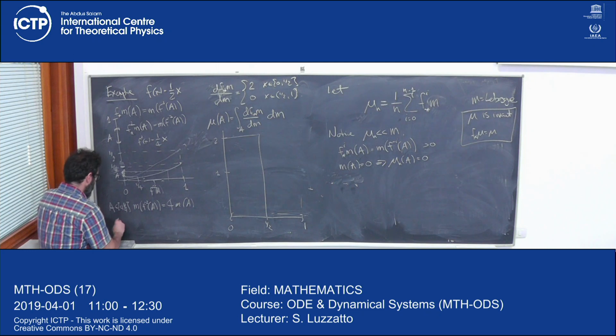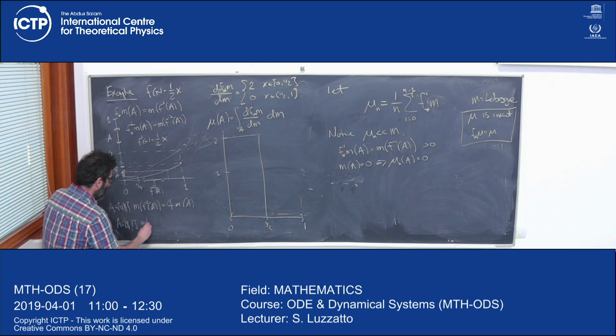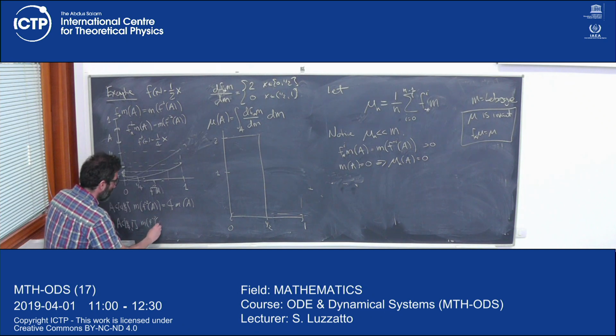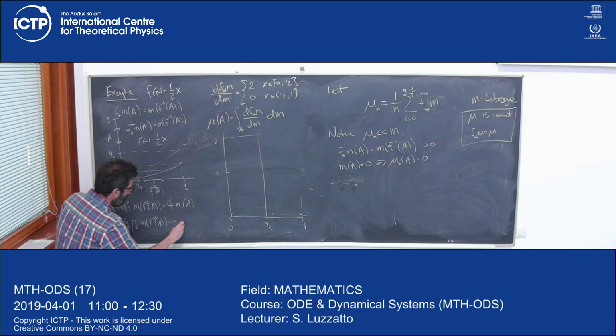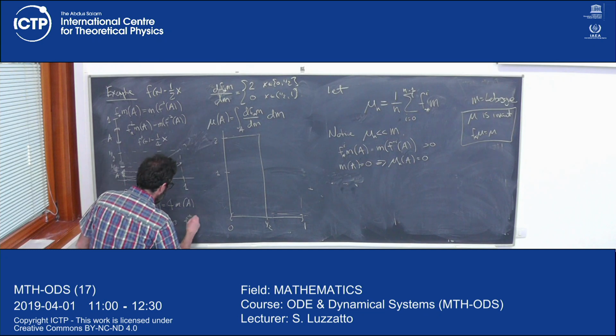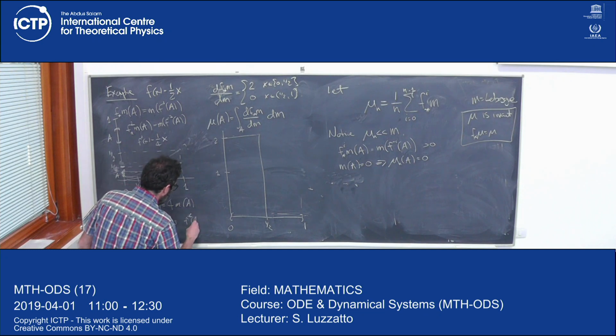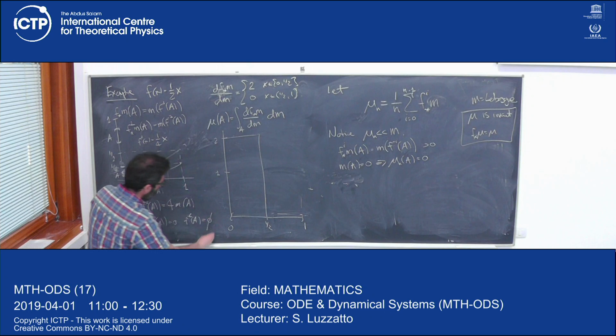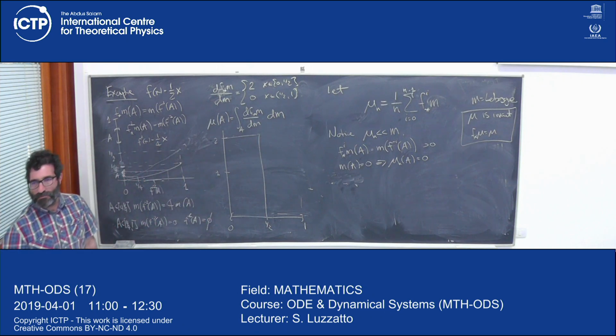And if A is in 1/4, 1, then the Lebesgue measure of f minus 2 of A is equal to 0, because f minus 2 of A is empty. It does not have any pre-images by this map.